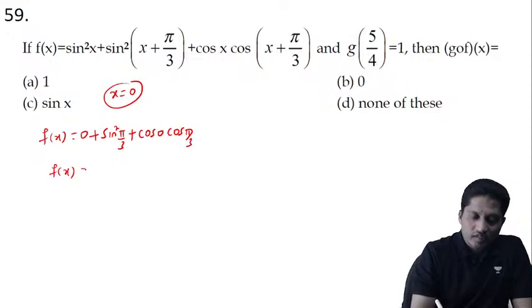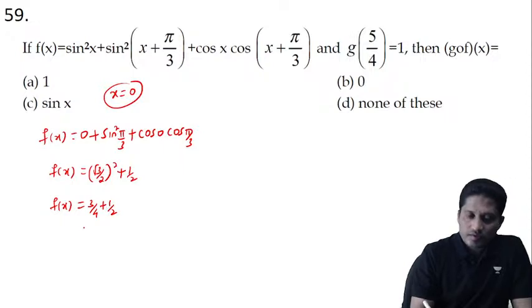Sine 60 is root 3 by 2, and this is whole square. Cos 0 is 1, cos 60 is half. Root 3 by 2 whole square is 3 by 4. So this is 3 by 4 plus 1 by 2, with LCM 4, you will get 3 plus 2, 5 by 4.